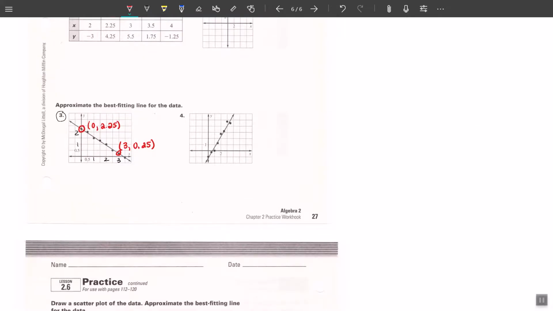Now down here on number three, they went ahead and graphed the points and also drew in the best fitting line for the data. So a line of best fit is the line that goes through most of the points, or at least goes through kind of the space in which most of the points are.